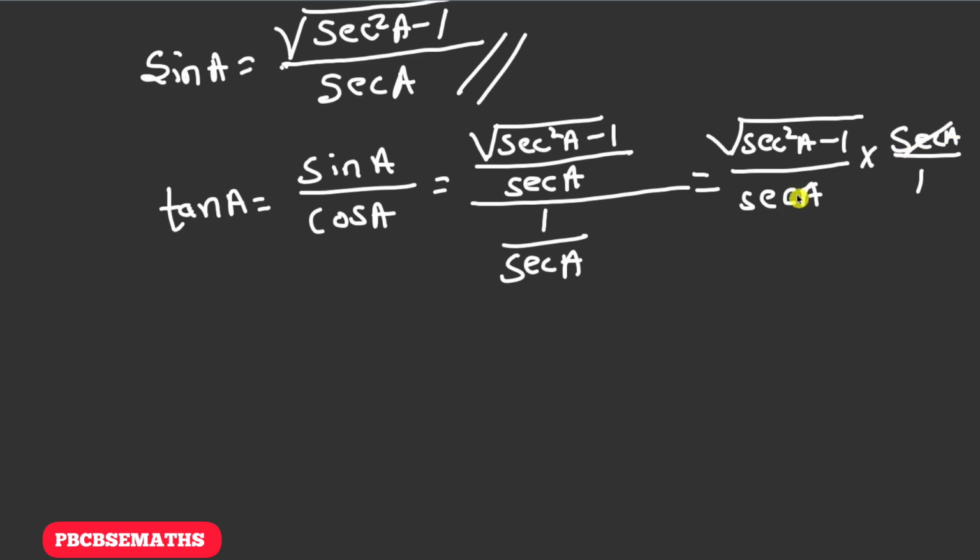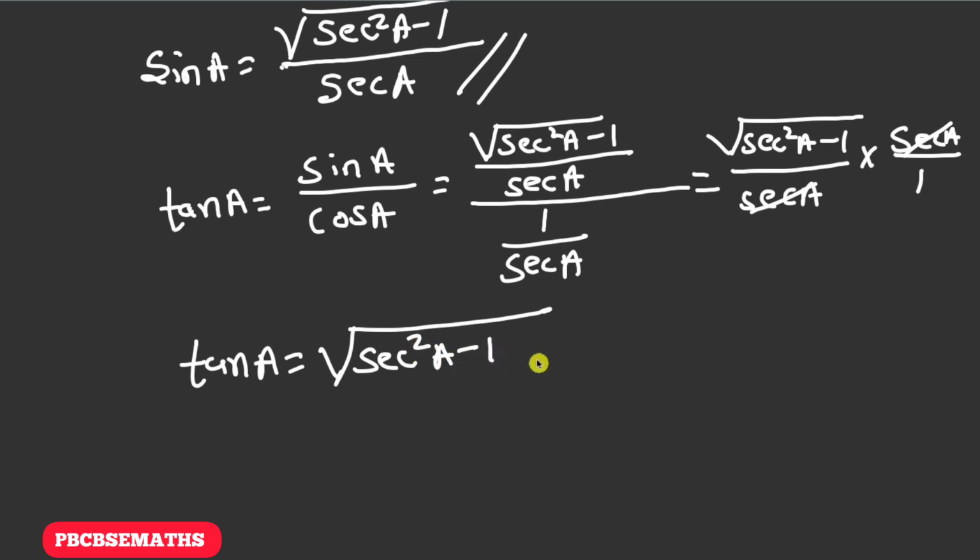Now secant A gets cancelled. At last we have tan A is equal to square root of secant square A minus 1. So this is the representation of tan A in terms of secant A.